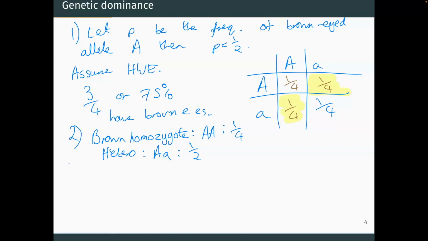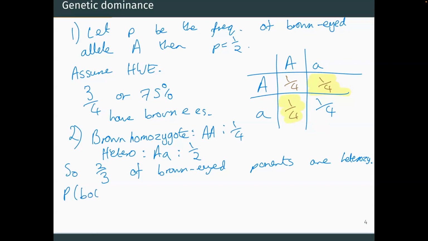So we say 2/3 of brown-eyed parents are heterozygous. So that's 2/3 of brown-eyed individuals really, rather than parents.